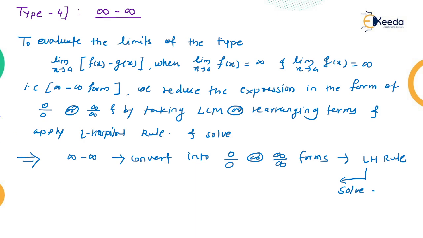That is the procedure for solving infinity minus infinity problems in type number 4. I hope you understand this. Now let me start the examples on type number 4.